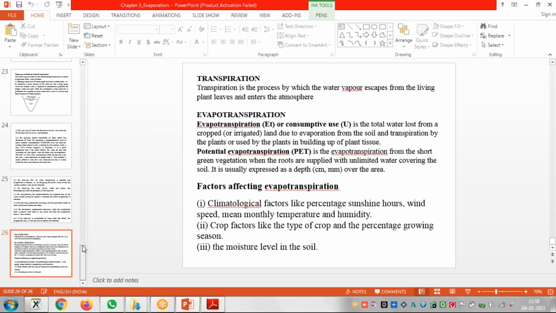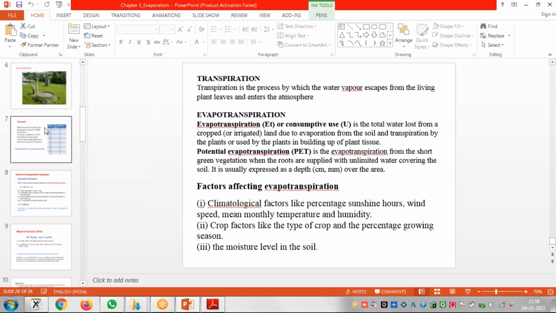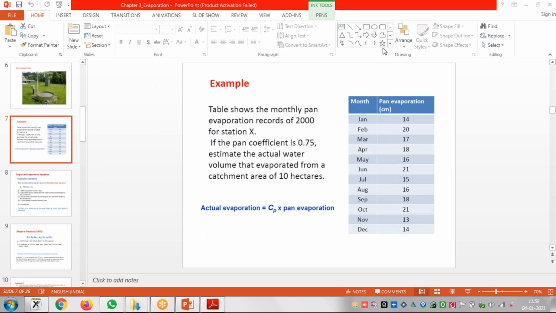Now one more thing was remaining. See, we have seen this already. This pan evaporation is given for different months and the coefficient is given. We know that lake evaporation is equal to pan coefficient multiplied by pan evaporation.